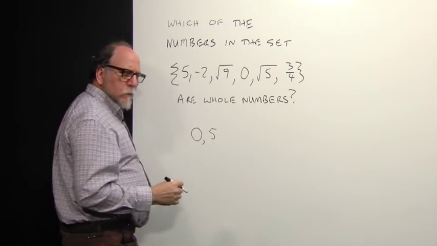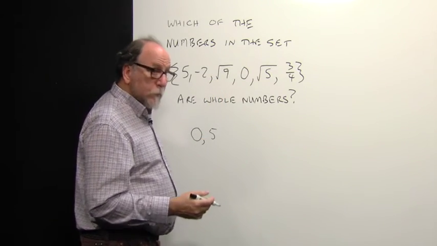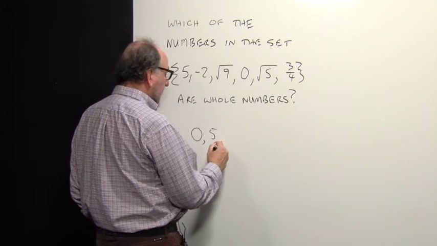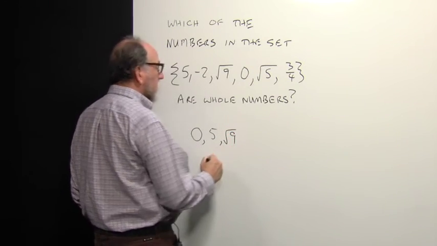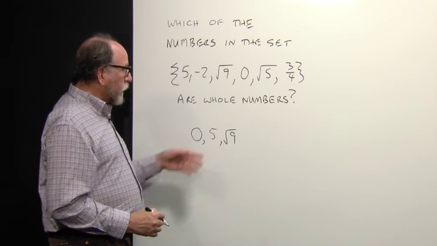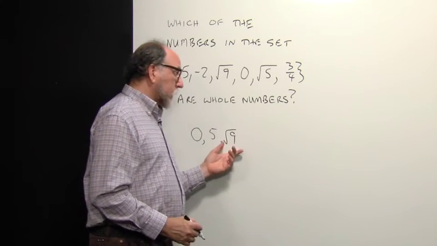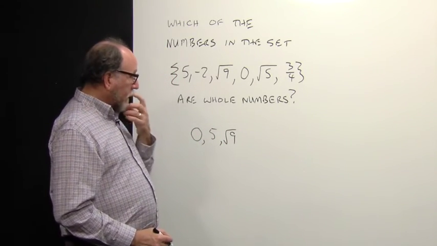Square root of 9, what is the square root of 9? It's 3. So 3 is a whole number. It's just represented as the square root of 9. So we can write that as representing a whole number, even though it's not calculated completely yet.